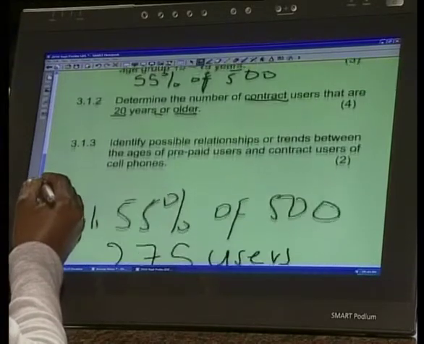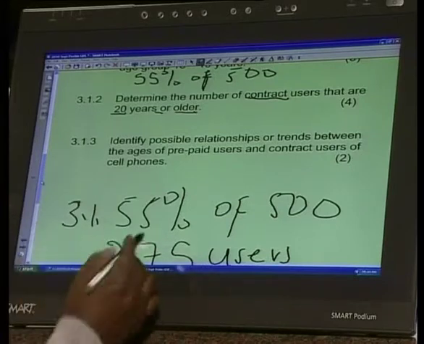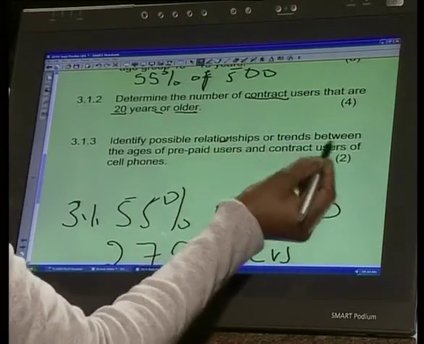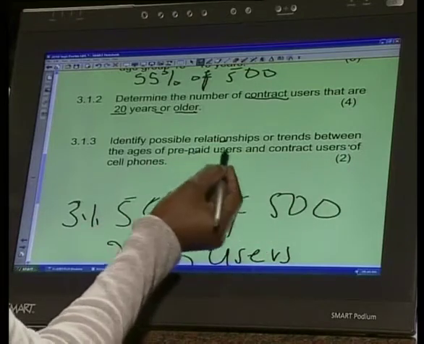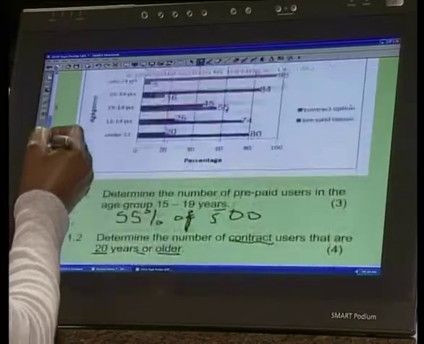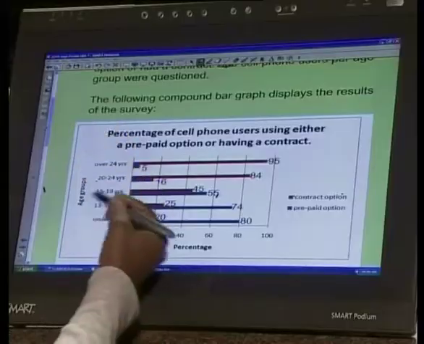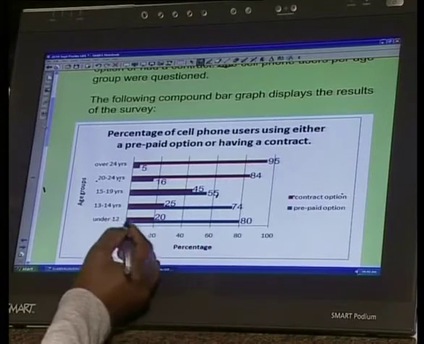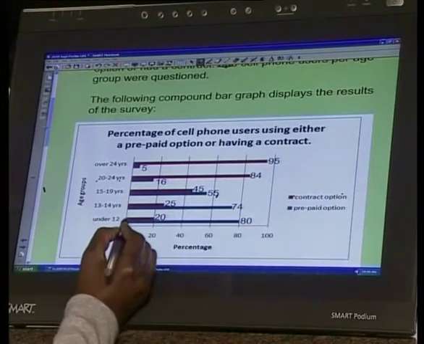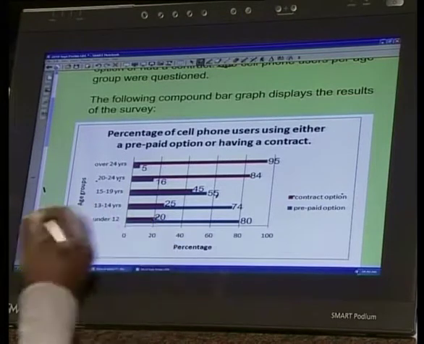Then you go to 3.1.3, identify possible relationships or trends between the ages of prepaid users and contract users of cell phones. You go back. Guys, mathematical literacy is a very practical and applicable subject. So what you simply need to think of, a person who is under the age of 12, if you look here, the contract option, the percentage is less.